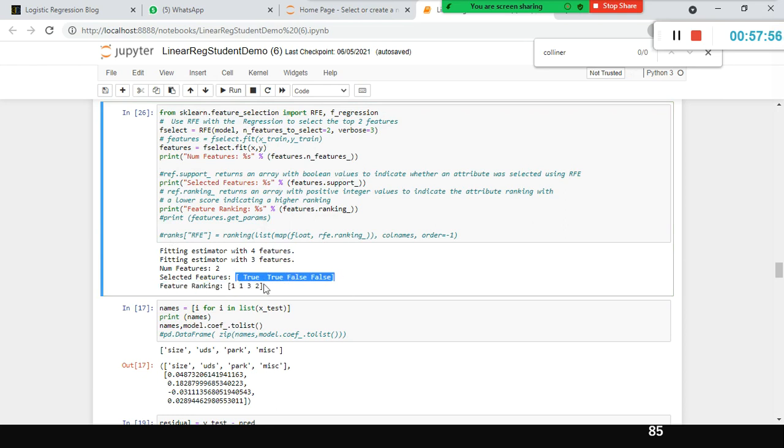That means of the 4 variables like size, UDS, park and MISC, the true ones are significant, so include these 2 variables. This is how it helps us identify the features. True is the support value, and ranking is nothing but ranking these values, so number one is the best one.